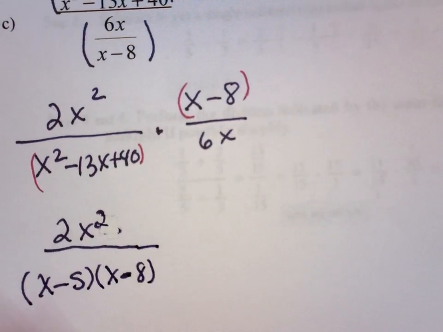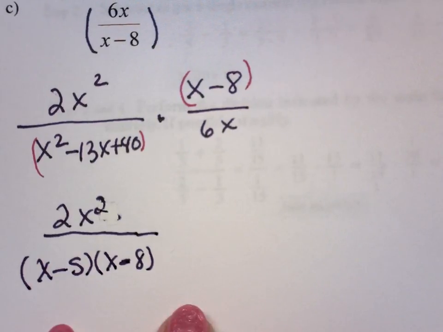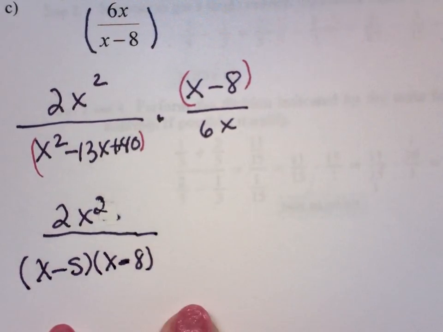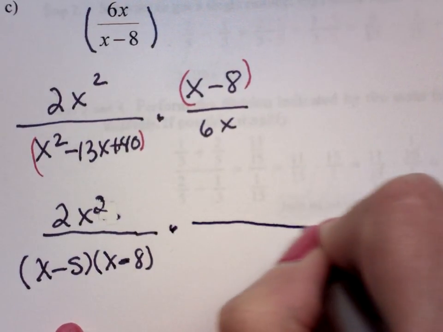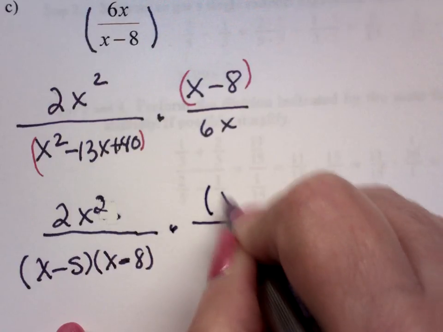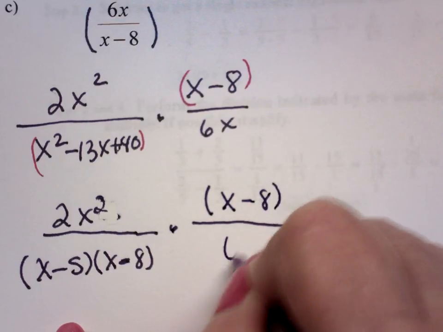Two numbers which multiply together to give me 40, and add to give me 13, are 5 and 8, because it's a coefficient of 1 on x squared. And this is x minus 8 and 6x.